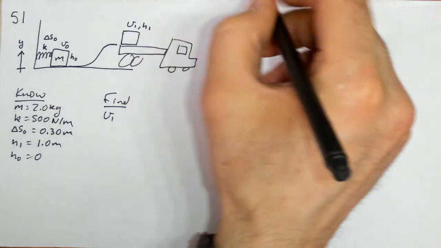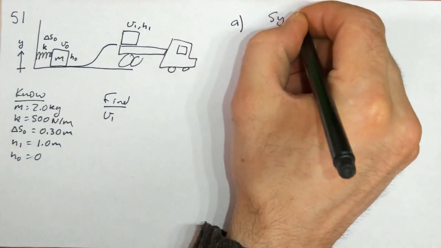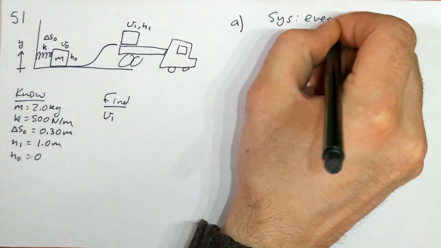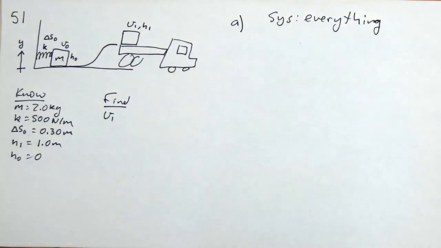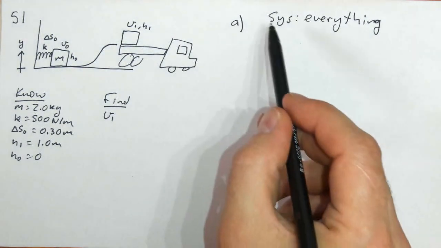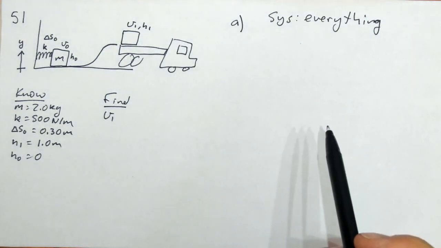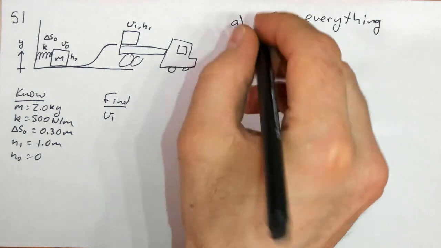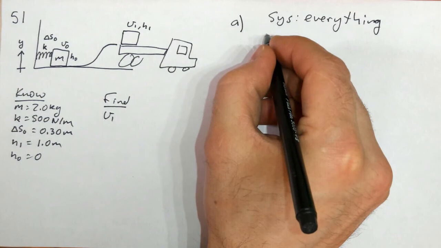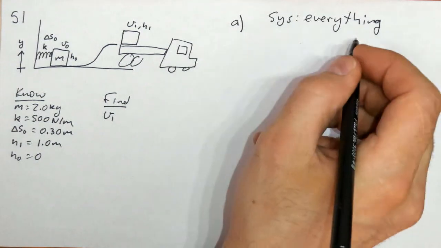First, I'm going to define my system to be everything. It's often easier to do that if you can. Not all systems you can do that, but I'm going to try and define everything in my system, which means I'm going to have no external work done, and I can simply say final equals initial.